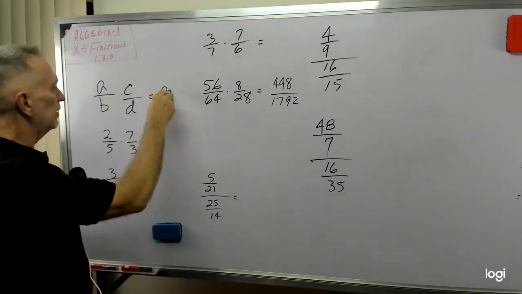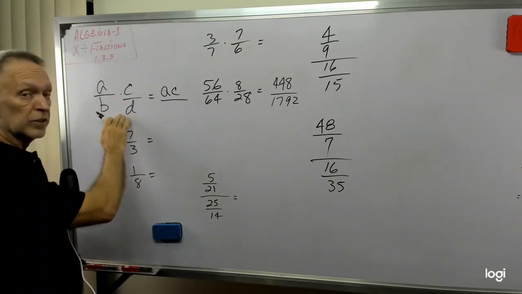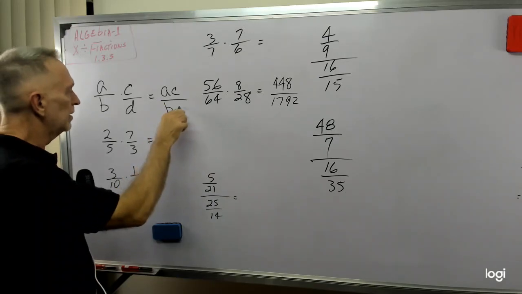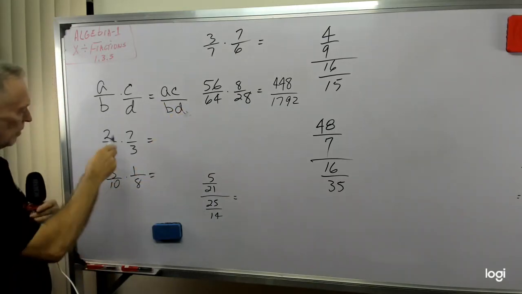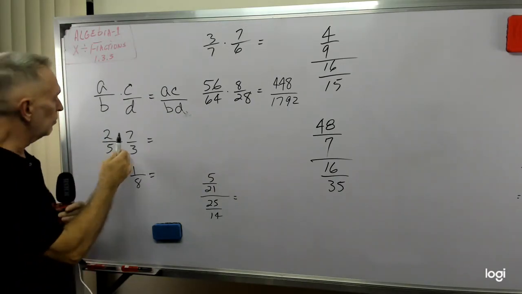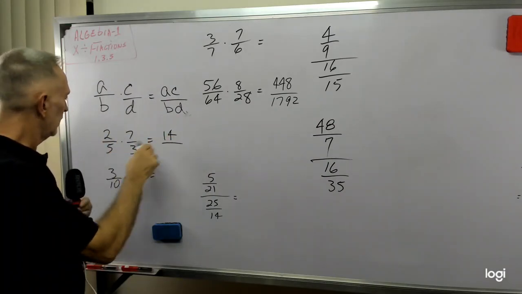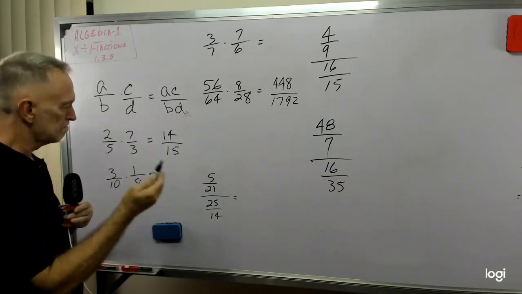So I have A times C, which would be AC, and then multiplying the denominators, in this case B times D, which would be BD. Okay, well, let's try that on this one. We have 2 over 5 times 7 over 3. So 2 times 7 is 14, divided by 5 times 3, which would be 15.